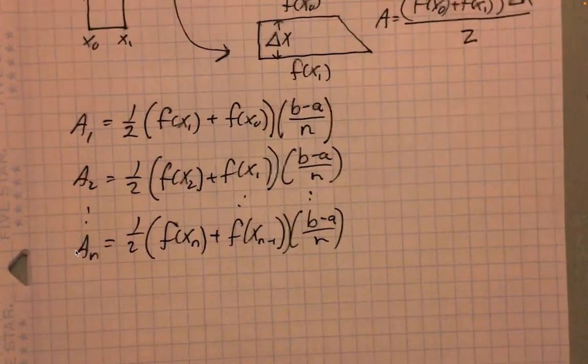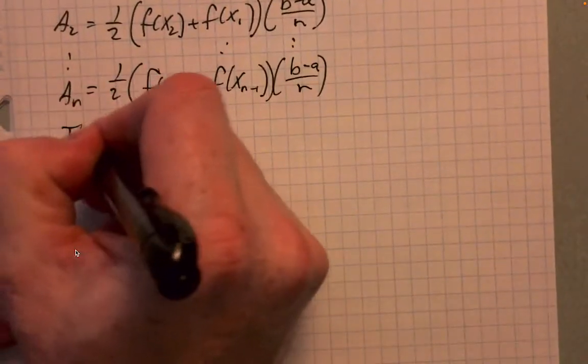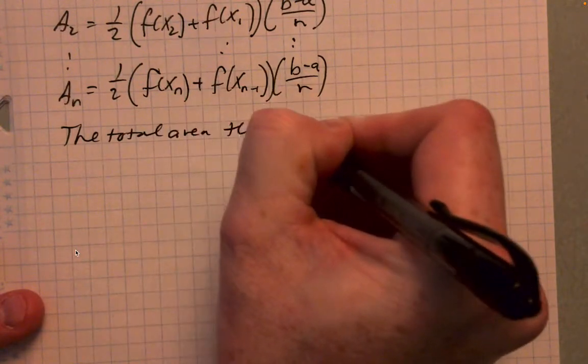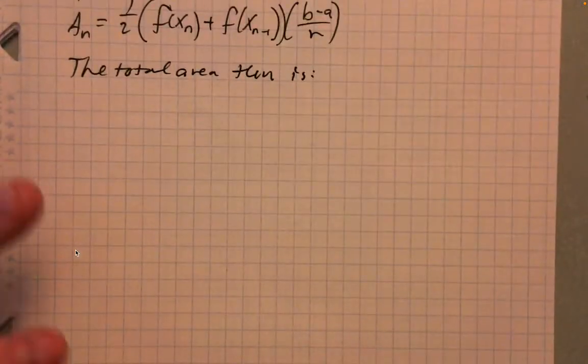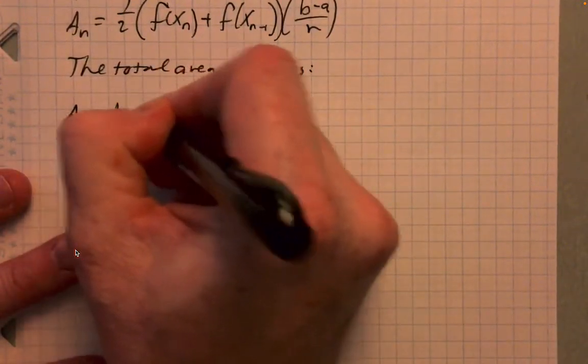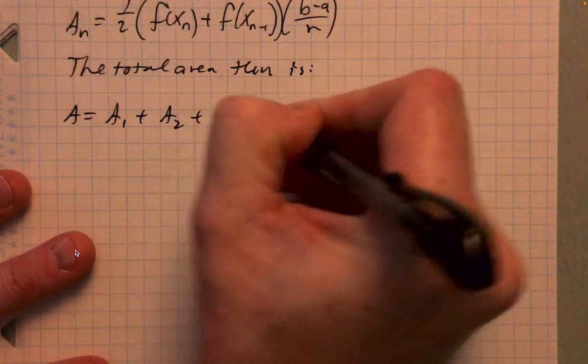So let's figure out the entire area under the curve, the total area. The total area is just the sum of all of these things. So it'd be a1 plus a2 plus dot dot dot plus an.